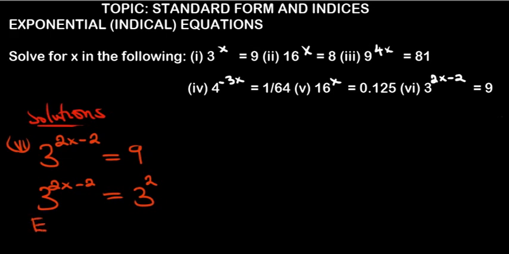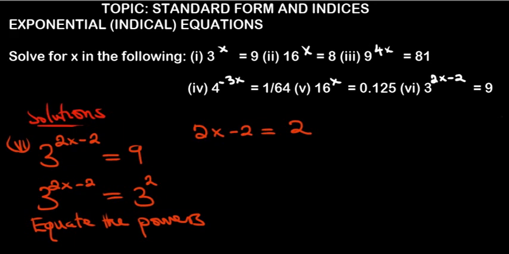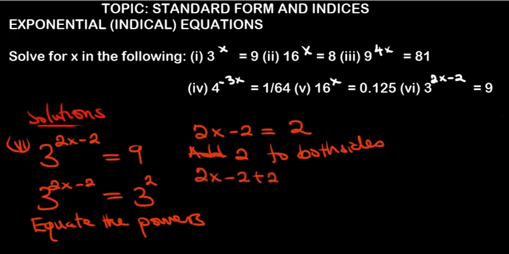Now, here we want to equate the powers, and from there you have 2x minus 2 equals 2. Now you can add 2 to both sides, and in so doing you have 2x minus 2 plus 2 equals 2 plus 2.